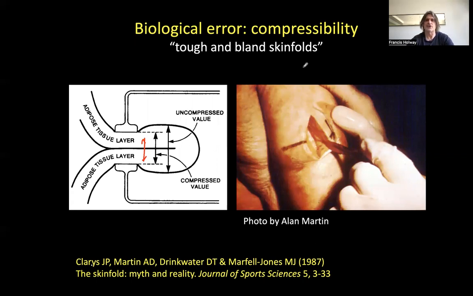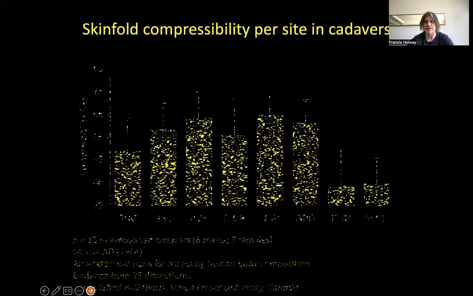This is a study on skin fold compressibility done by Clarys, Martin, and Drinkwater about 40 years ago, where they dissected cadavers, they measured the skin folds on cadavers, then they measured the breadth of the skin fold, and they calculated the compressibility.